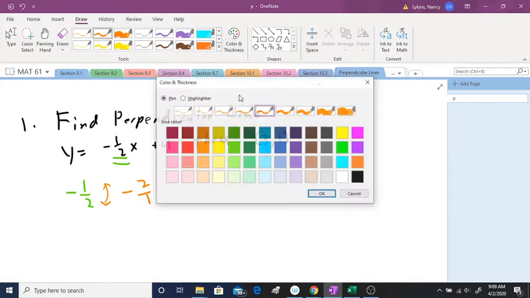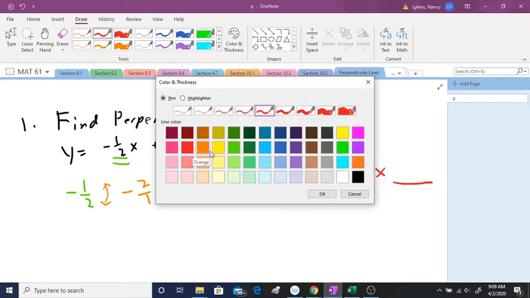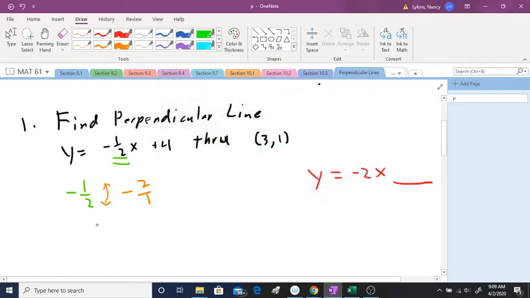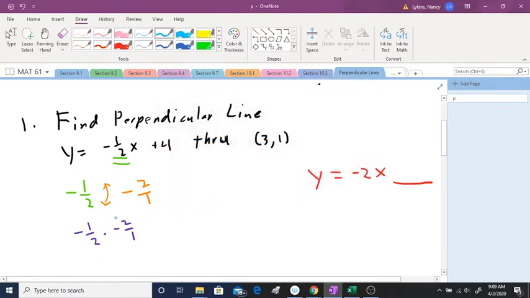So our new equation is going to start off with negative 2x, but then now I'm going to find out what goes behind it, or the y-intercept. It's our b value. But to kind of show you what perpendicular actually is, I'm going to take the 1/2, and when you multiply by the reciprocal, take a look at what it does.